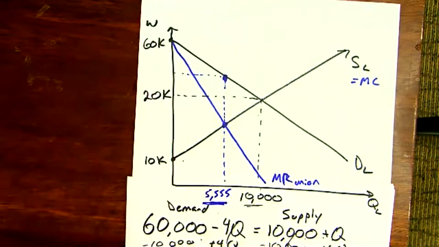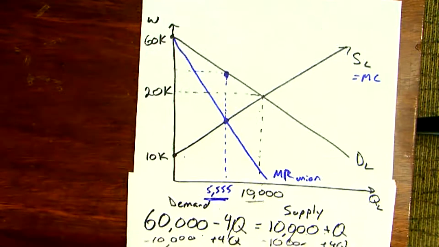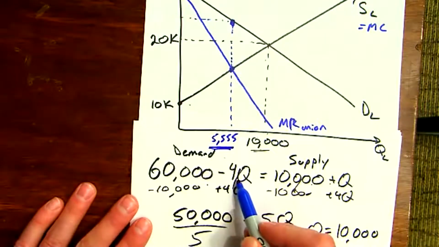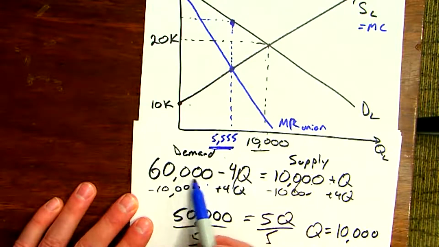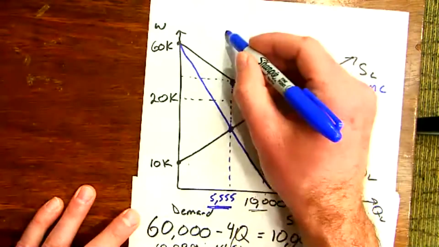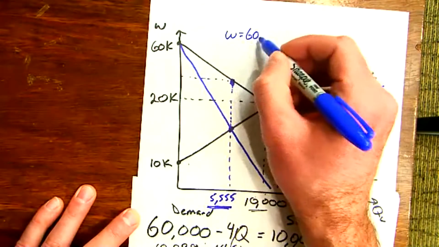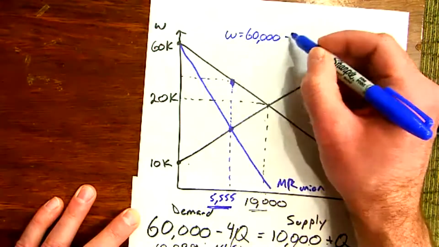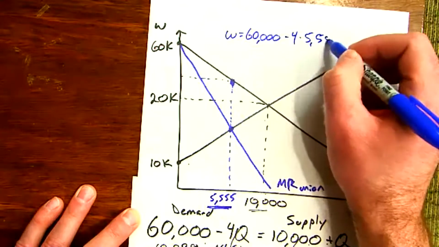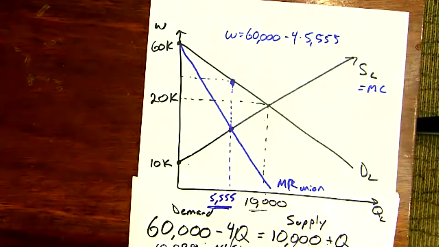Oh, hold on. And just plug it into my demand curve equation. Right? So 60,000, so my wage would be 60,000 minus 4 times that 5,555, which was the equilibrium quantity for the monopoly or the industrial union, okay?